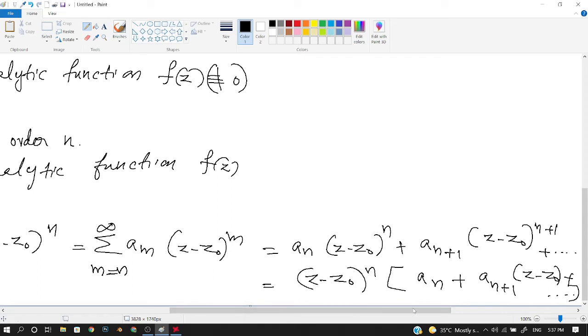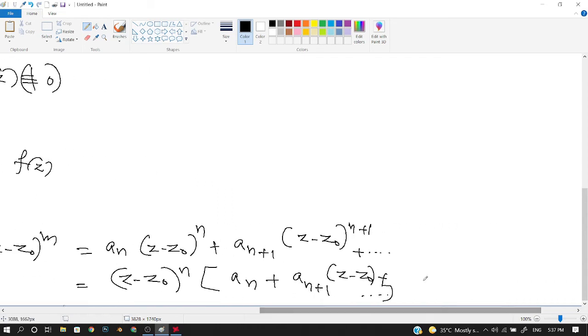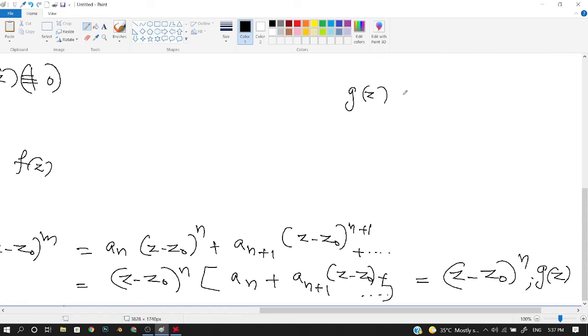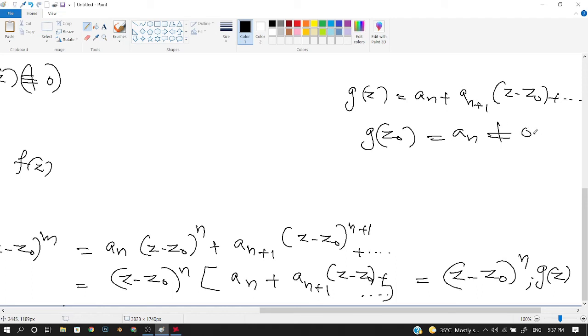So we can represent this as z minus z naught whole raised to n into g of z. Now what is the value of g of z here? Here we have g of z is equal to a n plus 1 into z minus z naught plus etc., where g of z naught equal to a n, which is not equal to 0.